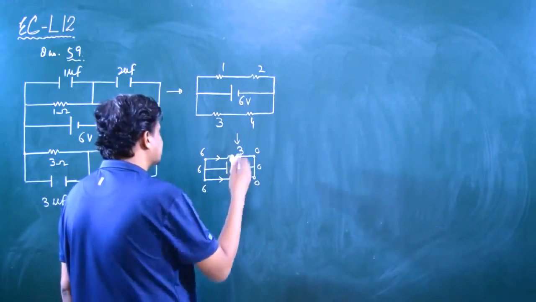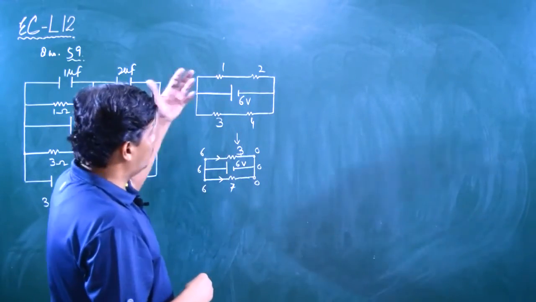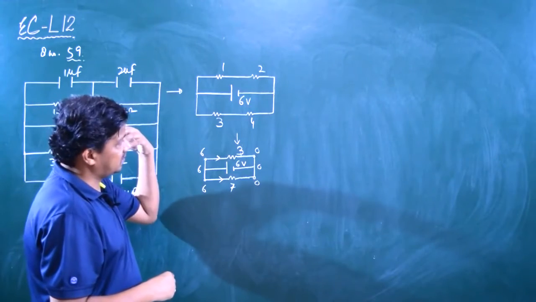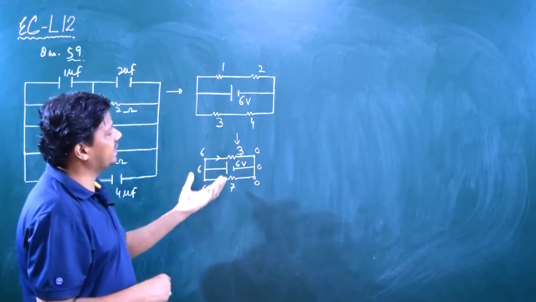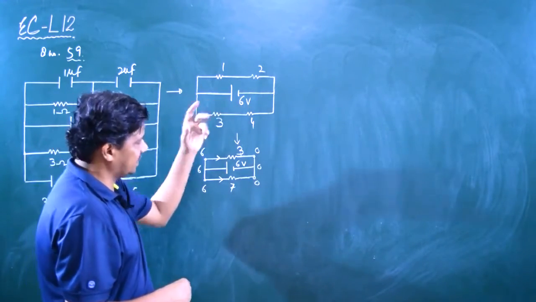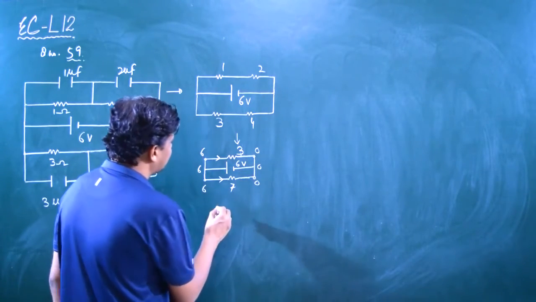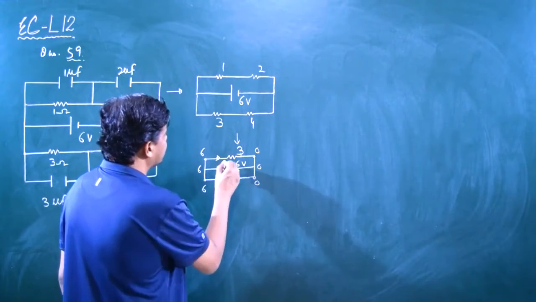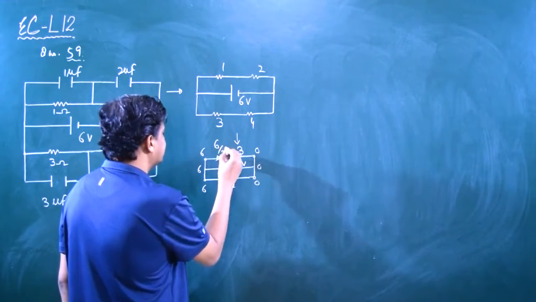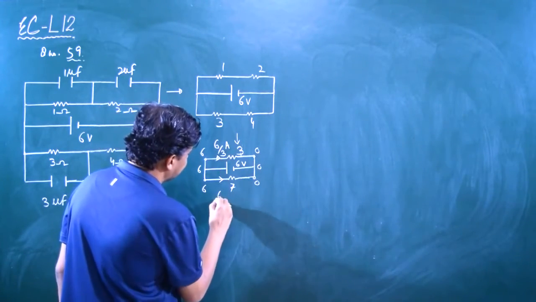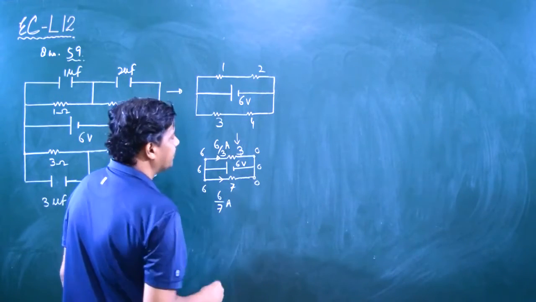You may also use the Kirchhoff's loop law, Kirchhoff's junction law, or the simple arrangement, you may get the value of the currents across. So we get the current here. So across 3 ohm resistor we have current what, 6 by 3 ampere, and here current is what, 6 by 7 ampere.